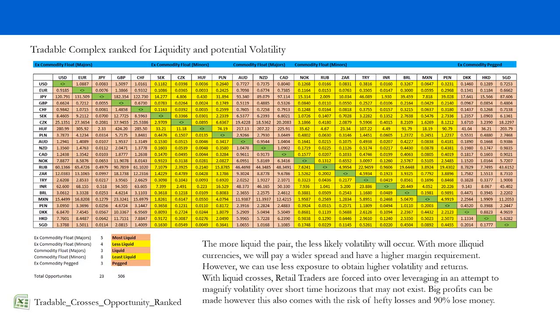Now, I want you to think about this on the flip side. Volatility creates opportunities for traders. Now, if we select a very liquid, very popular currency pair to trade, and we want to trade this on a very short time frame, and there's very little volatility in the popular currency pair, that means there's less opportunity for the trader, but it also means there's less risk for the broker.